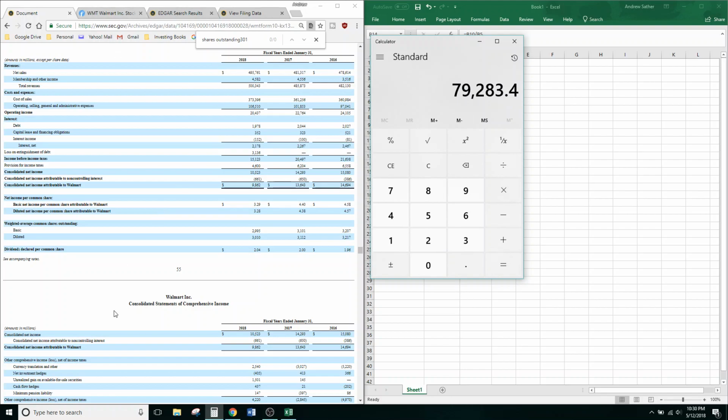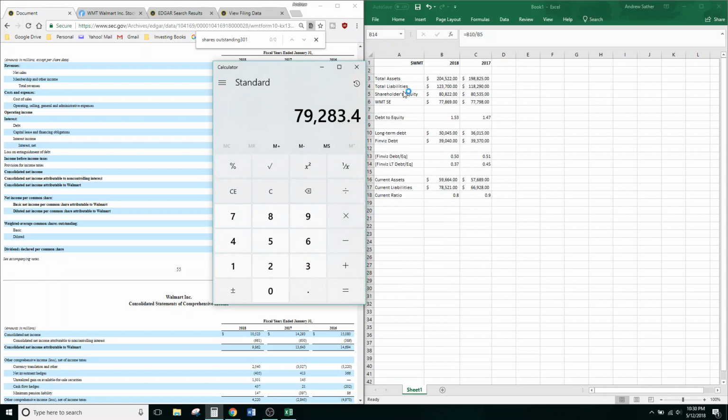So that would be a shareholders equity of 79 billion, which does not correlate to either of these. If anything, it's closer to this shareholders equity rather than what they say is attributable to shareholders. And I guess, how do you want to define that?